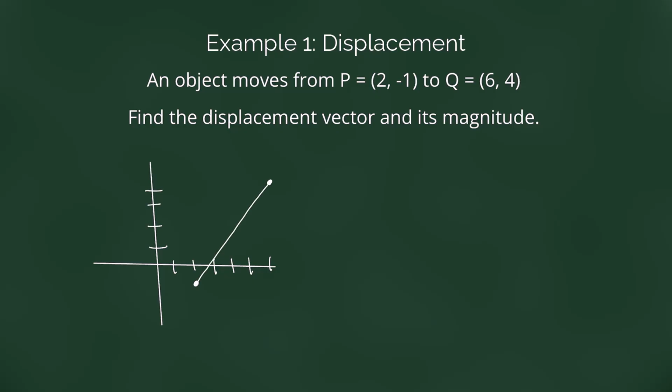So we can see that our vector looks like this. Our new vector, PQ, is going to be equal to the vector (6 - 2, 4 - (-1)), which is the vector (4, 5).